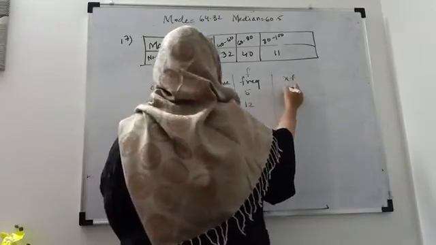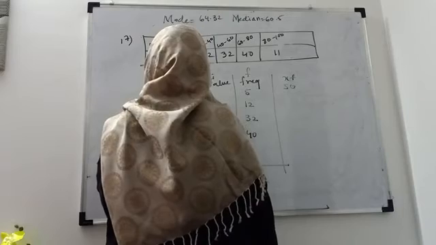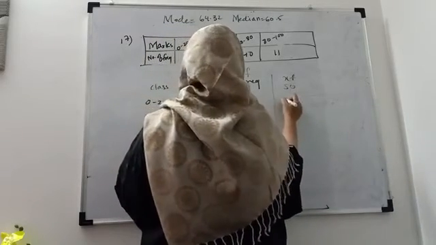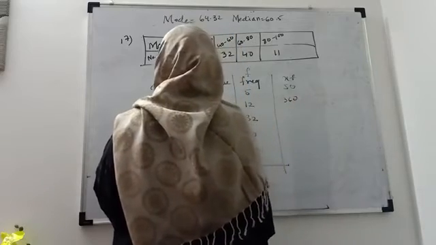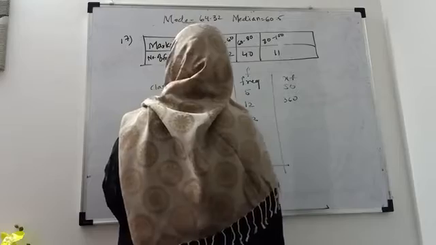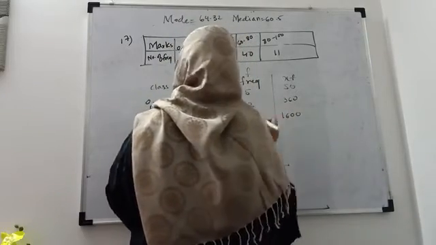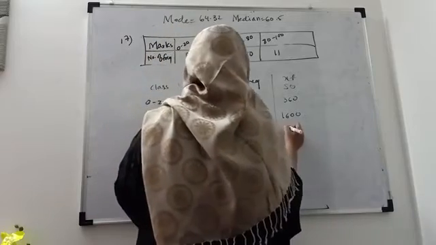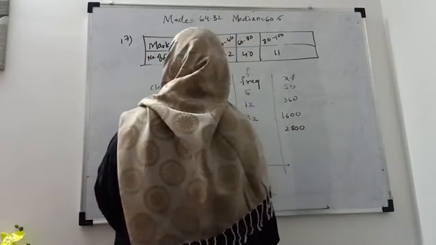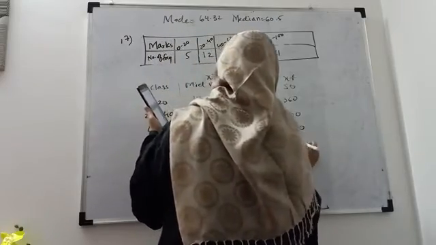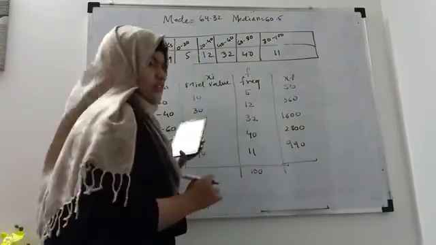So here it is 10 multiplied by 5, 50, then 30 multiplied by 12, 360, then 50 multiplied by 32, 1600, then 70 multiplied by 40, 2800, and 90 multiplied by 11, 990, and we require the summation of this, right?